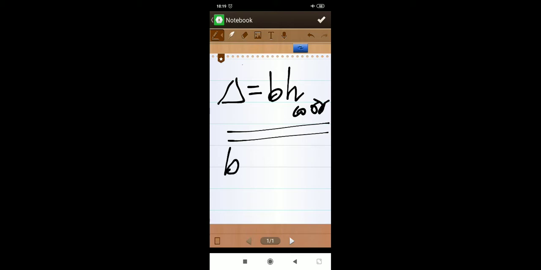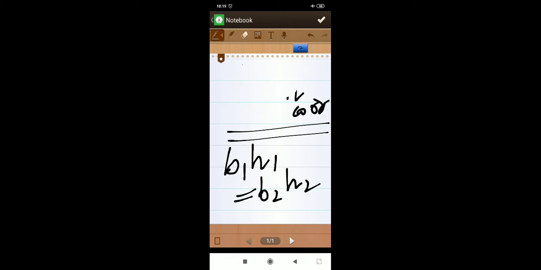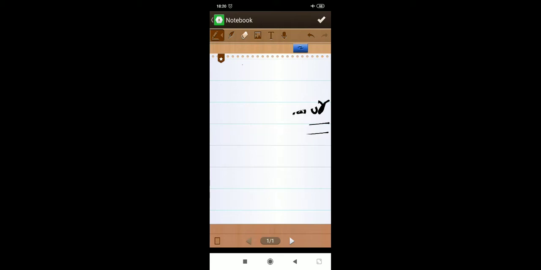So you can write for a parallelogram B1H1 equivalent to B2H2. And in our plane geometry we will discuss that if two parallelograms are between the same parallel lines and have the same base, then those two parallelograms have equal area.